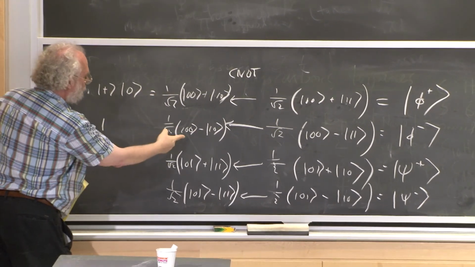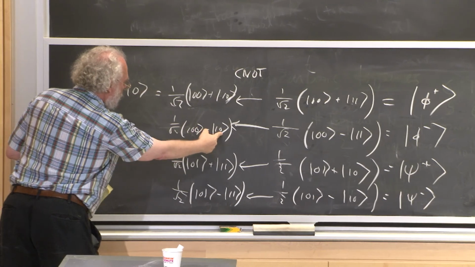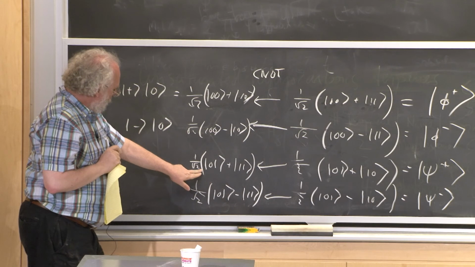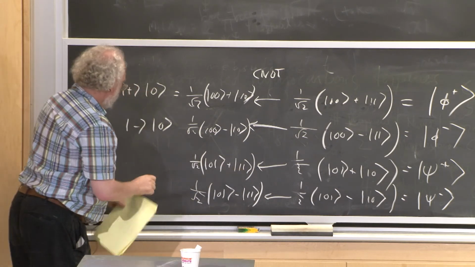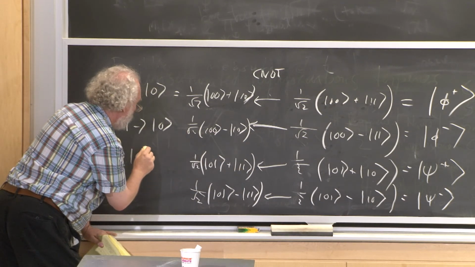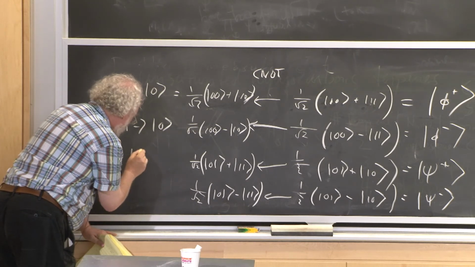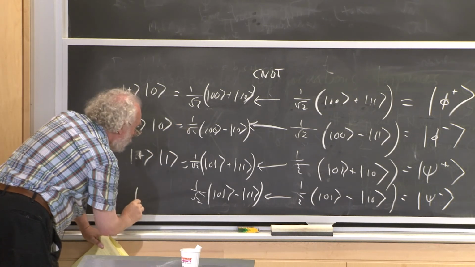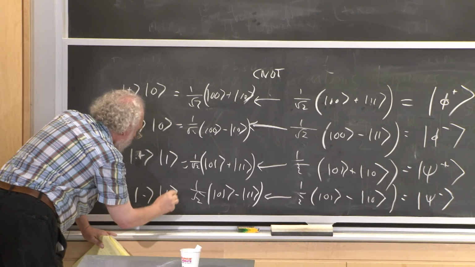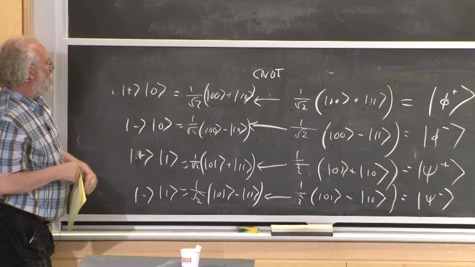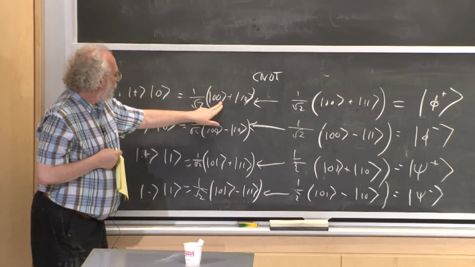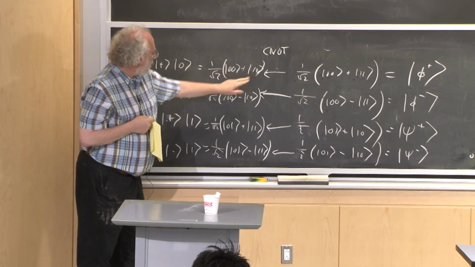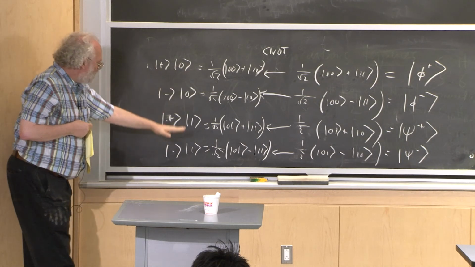This is minus times 0. This is plus times 1, and this is minus times 1. So you see what I did was I factored out the second qubit here, and the first qubit became 1 over root 2, 0 plus 1, which is just plus, and similarly for the others.